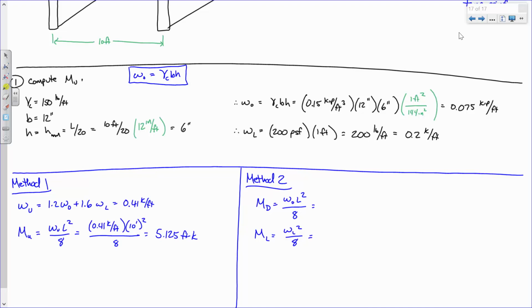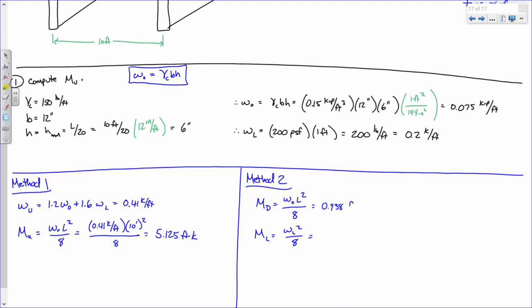All right, so somebody give me a dead load moment. We got an answer for me? 0.9375. Okay, so we'll say like 0.938. And what is that, foot kips?